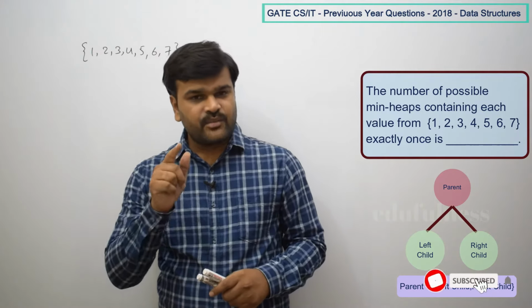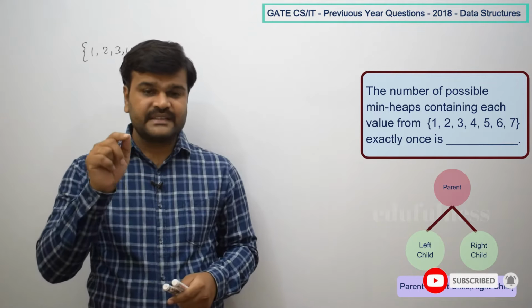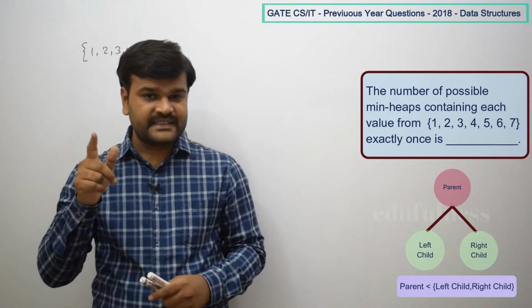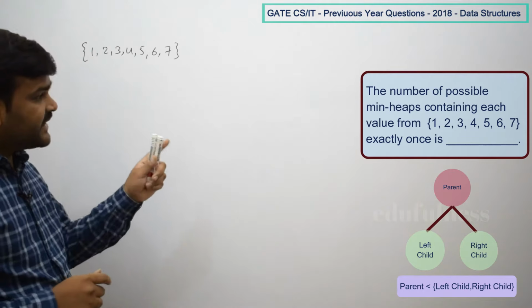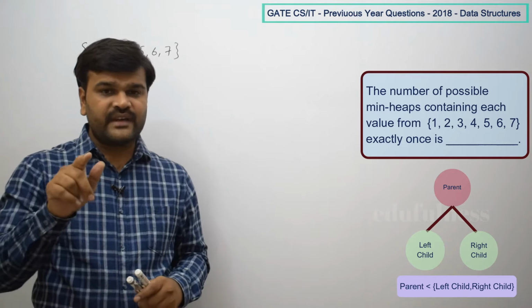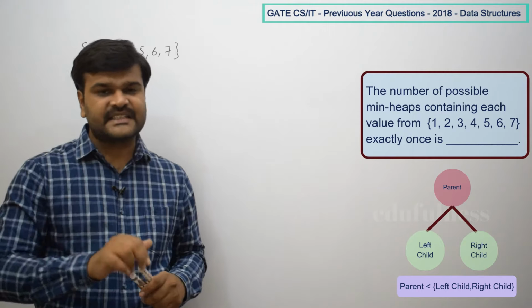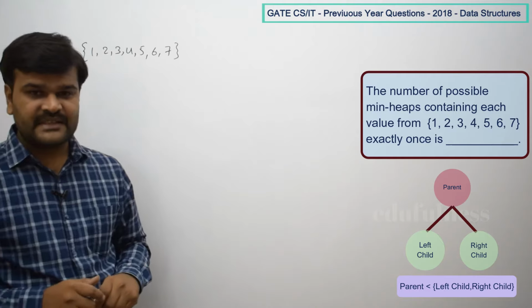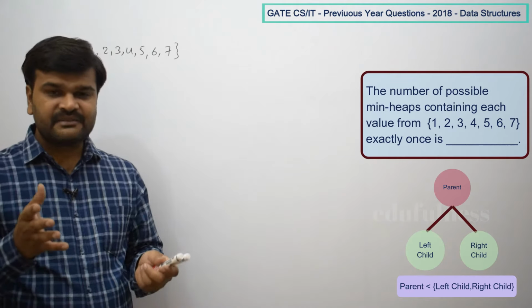Now, based on the min heap property, who will be in the root node? That you can decide first. Here 7 elements are given, and the main property of a min heap is that the root node value is always less than every vertex in the tree, that means every element in the set. So whichever element is the minimum will become the root.